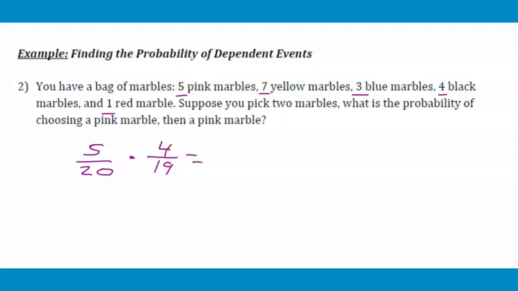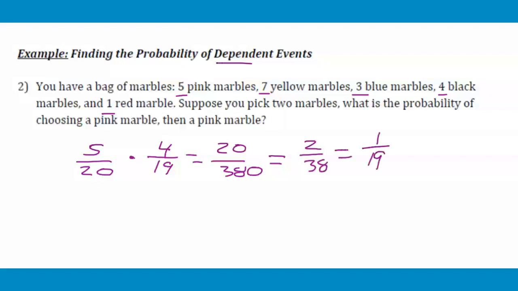I have 20 on top, and 20 times 19 is 380. That's the probability. Now I can simplify that. It becomes 2. I can divide both by 10. 2 out of 38, and that simplifies down to 1 out of 19. There's your probability for that.